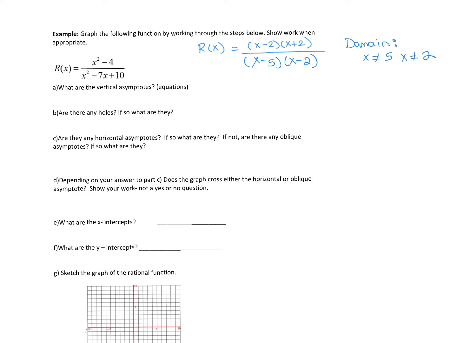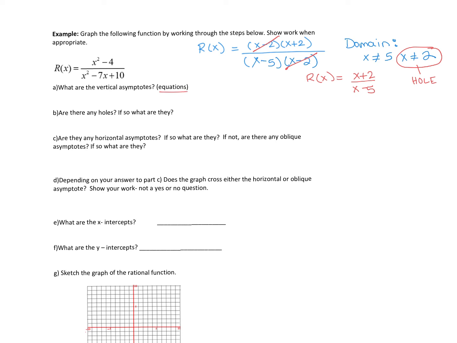And I also notice that the x minus 2's cancel, leaving me with x plus 2 over x minus 5. Because the x minus 2 canceled, x not equal to 2 is actually a hole. The remaining factor, x minus 5, is going to be our vertical asymptote.